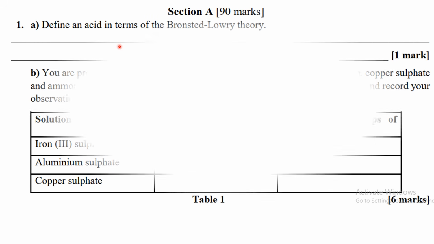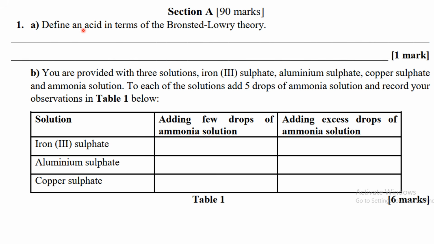Let's look at question number 1. Define an acid in terms of the Bronsted-Lowry theory. An acid or a base are defined in different ways. Like in junior certificate level, you defined an acid as any substance that can release hydrogen ions in solution.